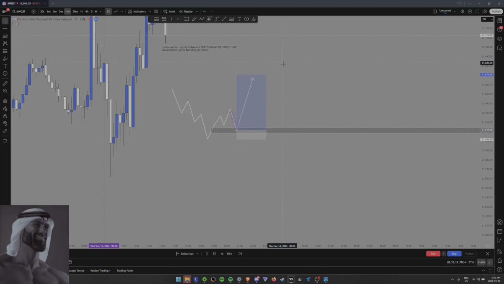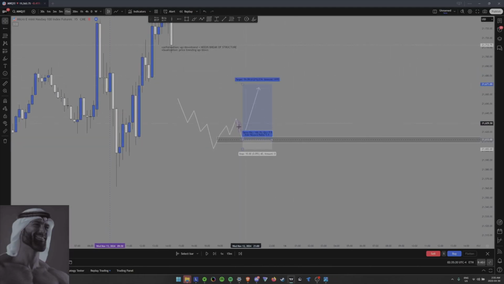Like, for example, a break of structure is a confluence. It's a strong confluence because it quite literally dictates which way price wants to go from looking at the chart. Like, it's not based off of a reaction. It's based off of price action. Okay. Like, price didn't react off of anything to break the structure. Like, maybe it has, but that's a separate confluence.